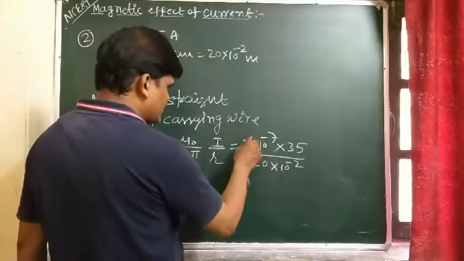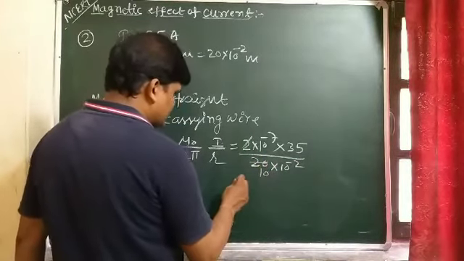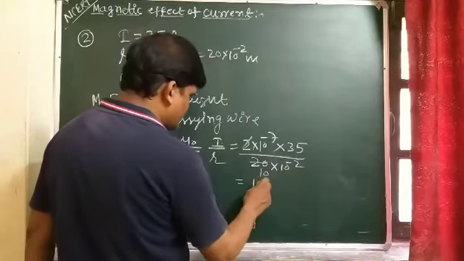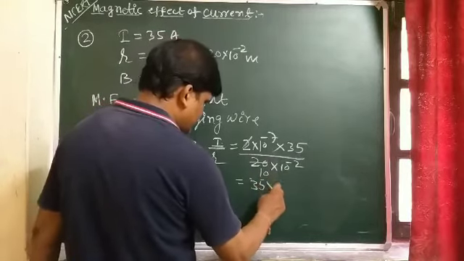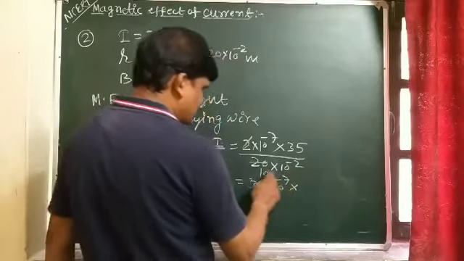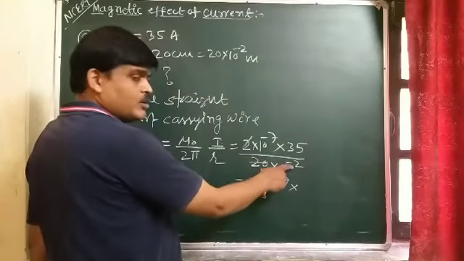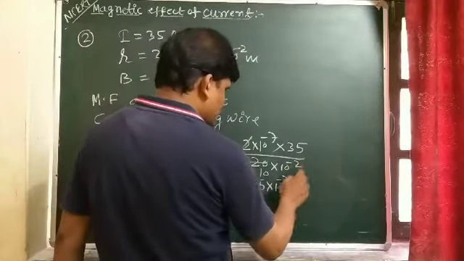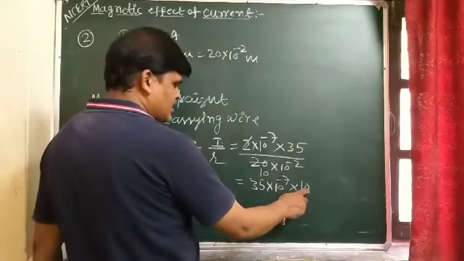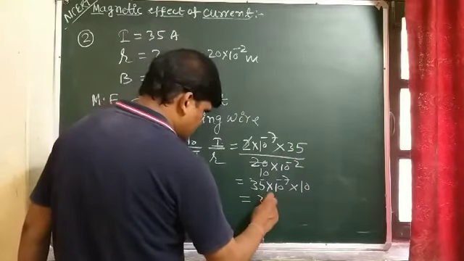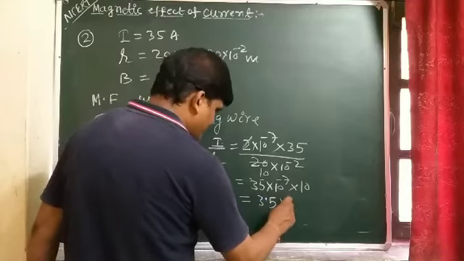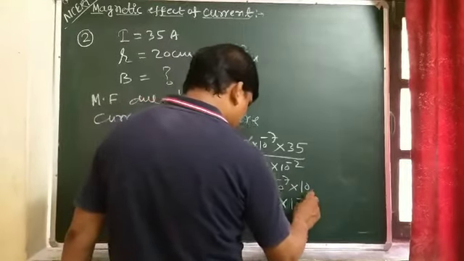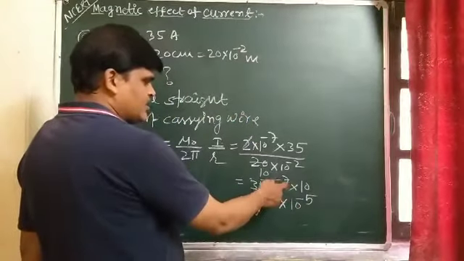Simplifying, it is written as 3.5 into 10 to the power minus 7, and when the 10 to the power minus 2 goes to the numerator, it becomes 10 to the power 1 and the powers combine, and it comes out to be 10 to the power minus 6.